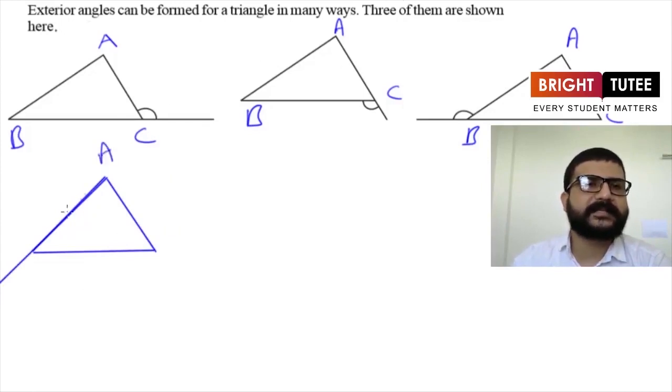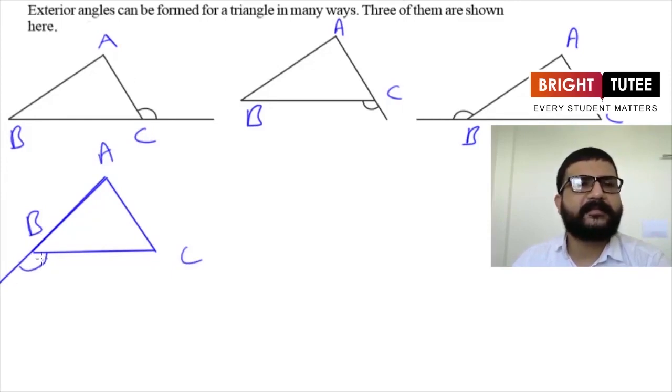Now we are having this as triangle A, B, C. Now one more exterior angle at B is formed, that is this angle. Can we have any other exterior angle at vertex B? No, it is not possible, because at one vertex we can have at most two exterior angles. Now we got two exterior angles for C, two exterior angles for B. Similarly, we can have two more exterior angles for A as well.